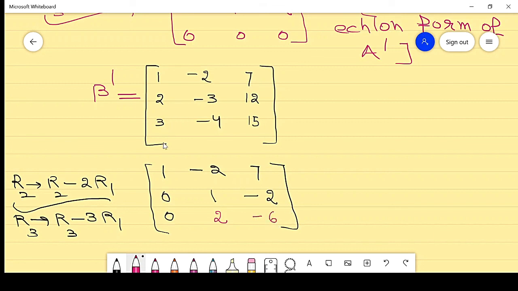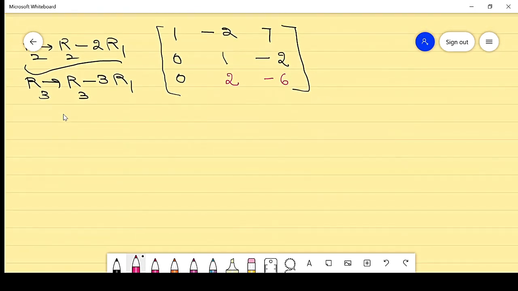So I repeat once again: minus 21 plus 15. Check, there should be no mistake in calculation. So this is minus 6, right? Now go to the next step. R3, which is R3 minus 2R2.